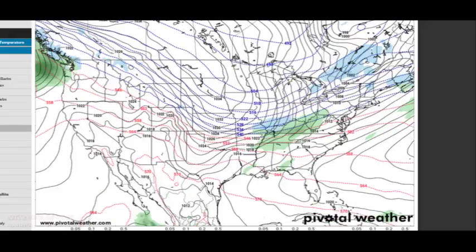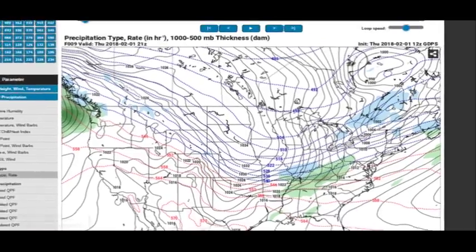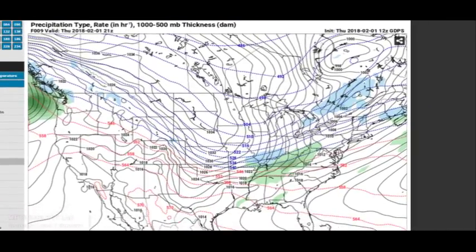So the GDPS, it seems like this is a Canadian model, and it appears that it has kind of been a little bit more neutral as far as that goes. So I think this is kind of a good solution. So starting out, here's the cold air coming south, 1036 millibar high.